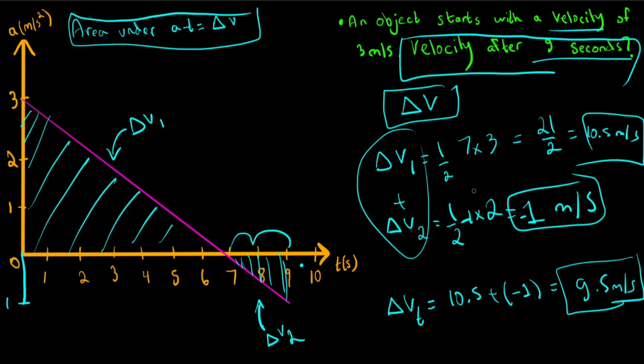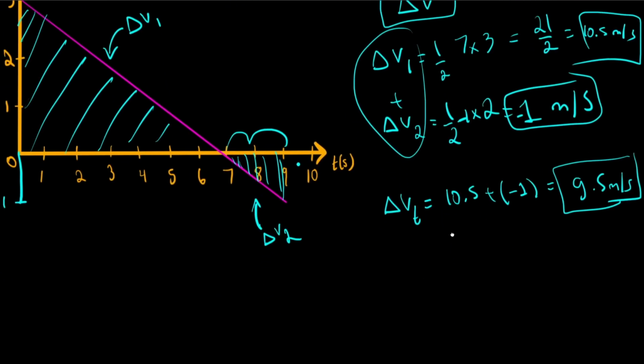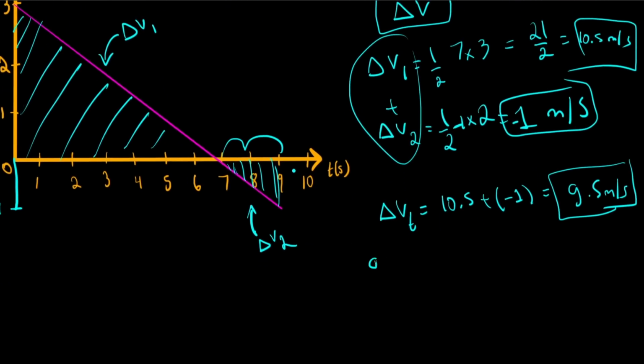Now we calculated the change in velocity so that we can substitute it in the formula. We already know that delta V is equal to V final minus V initial. We have delta V, which is 9.5.